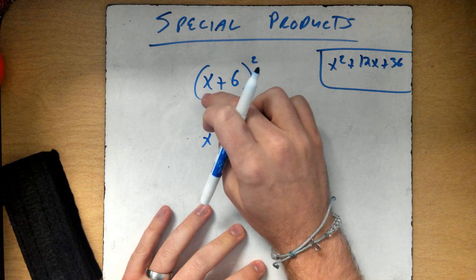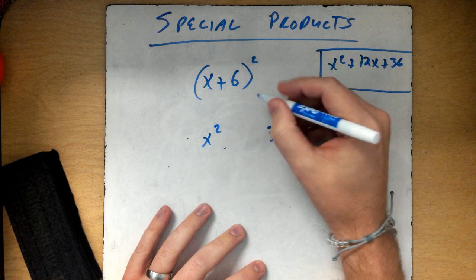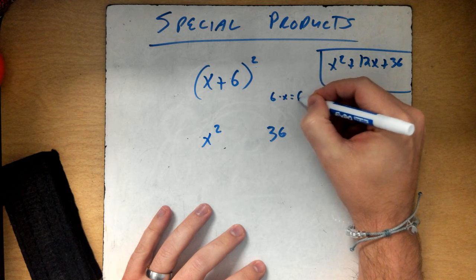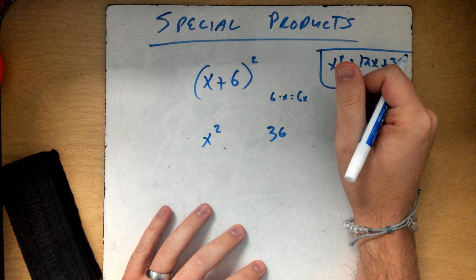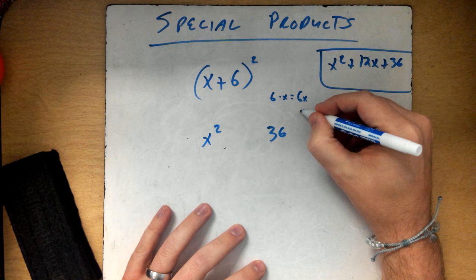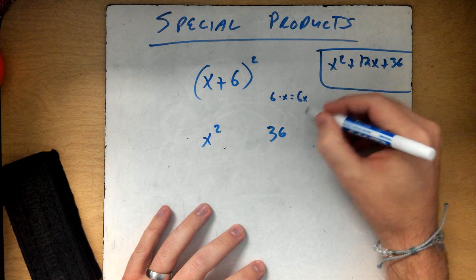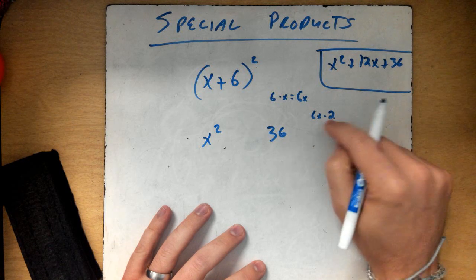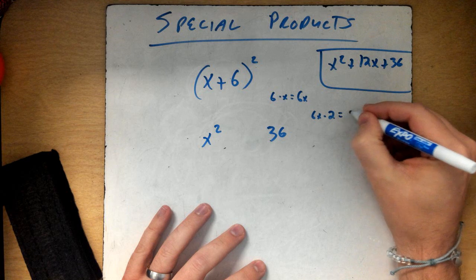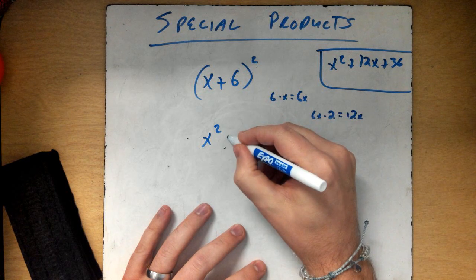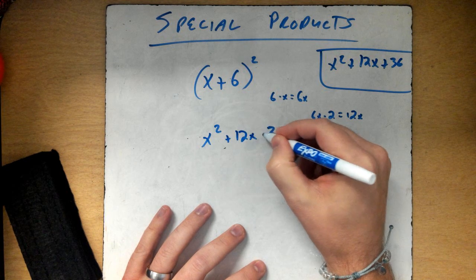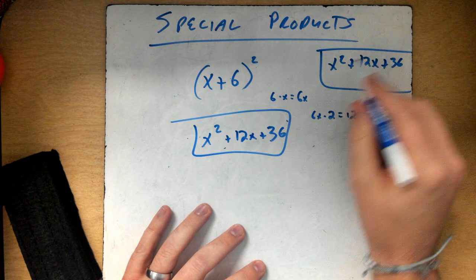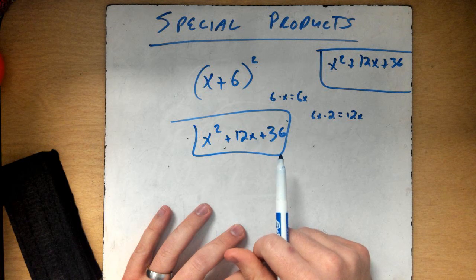So 6 times x will give me 6x, right? And then we're going to do 6x times 2. And 6x times 2 is 12x. And that's what's going to go in our middle. And now we have the same answer as we have here, right?